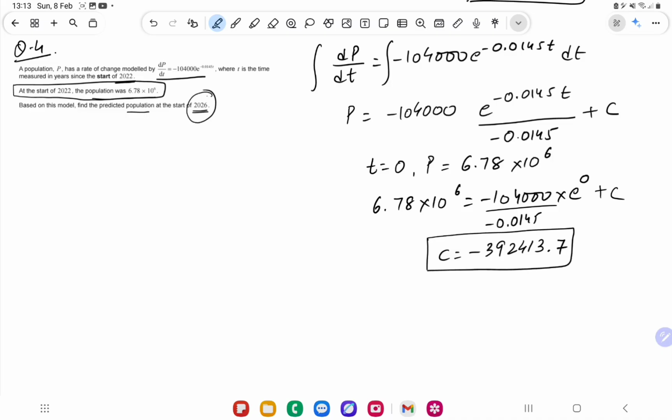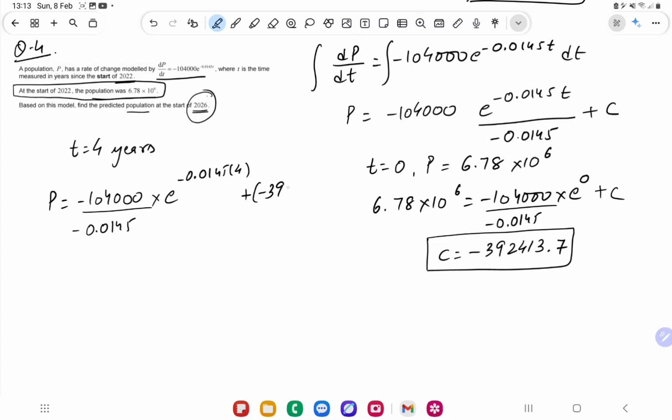Now we have to find the population at 2026. So if you compare, your time is 4 years because we are talking about 2026 and the start was 2022. So I can put T as 4 in my P function, which is 104,000 upon 0.0145 into, instead of T, I will write 4, and C, I already got 392413.7.